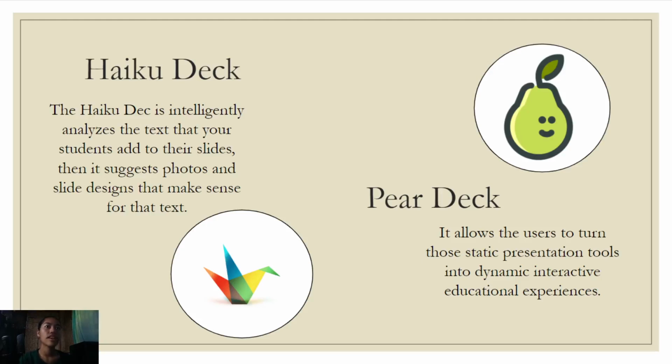So the Haiku Deck is more about having the student analyze the text, while they could also add their slides and additional suggested photos, so that the text and the slide design have a good impact and are very understandable for the students.